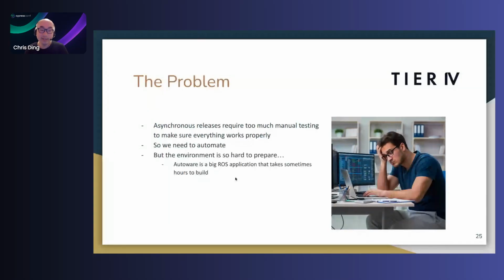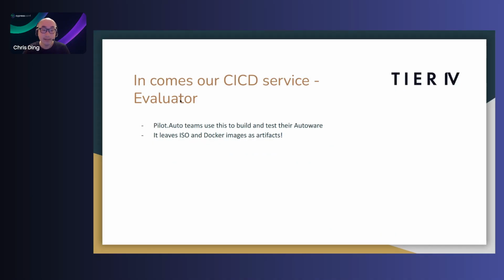But the environment is very hard to prepare because Autoware is a big ROS application that sometimes takes hours to build. So it's very difficult to have the Autoware environment ready when you're trying to run the web tests, the Cypress tests. So in comes our CI/CD service, evaluator. Pilot.auto's teams, the Autoware development teams, use this to build and test their Autoware, as I explained before.